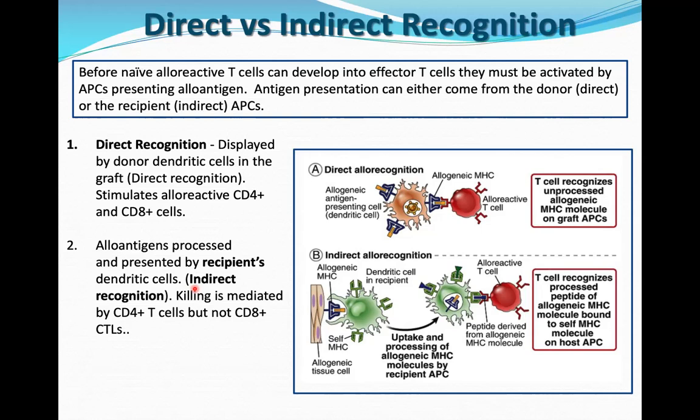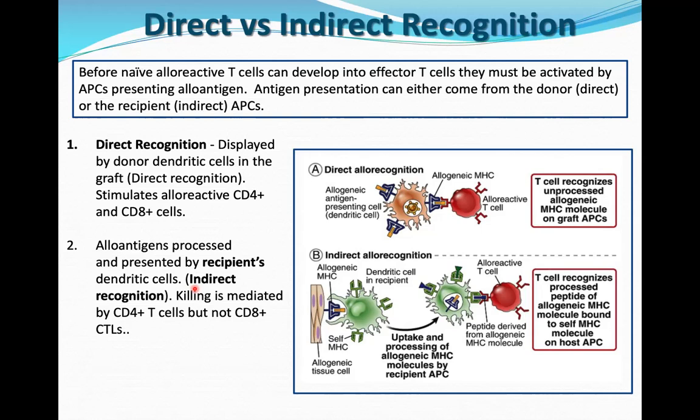The difference between the two is that with direct recognition, where the donor's dendritic cells are presenting donor's HLAs to the recipient's T cells, there's a stronger immune response of both cytotoxic T cells and T helper cells, which get activated to attack the donor's HLA.